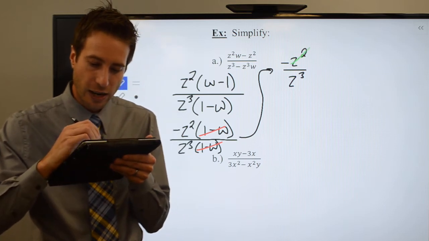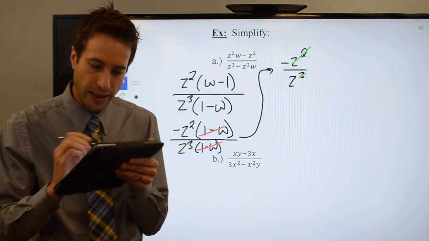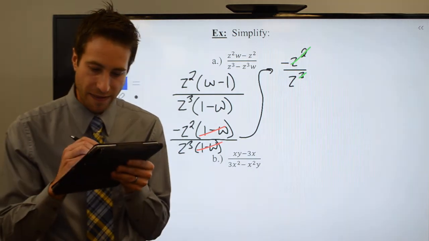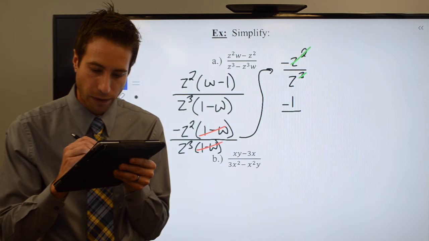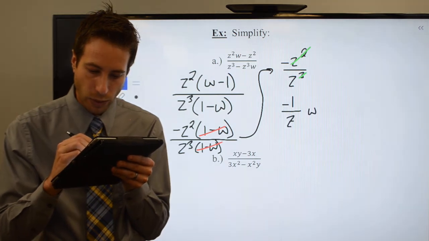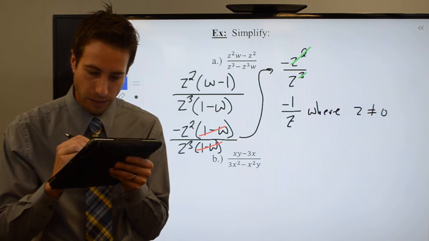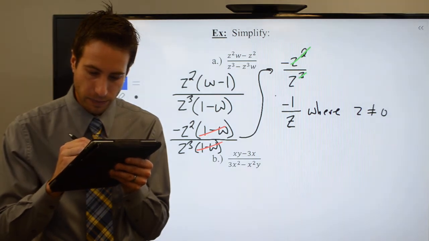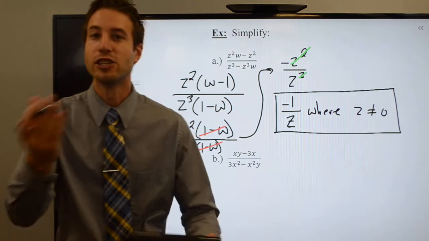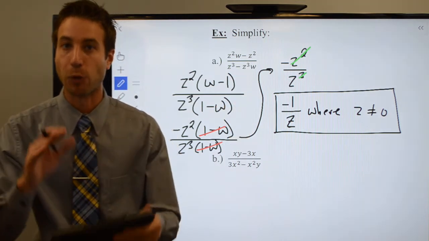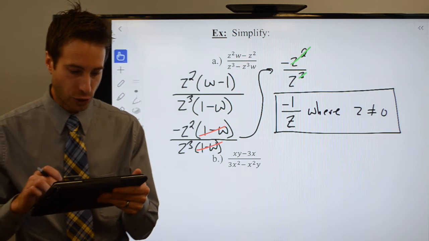The z squared in the top cancels with the z cubed in the bottom, leaving me with just a z. And so I have -1 over z, where z cannot be 0. Okay, so there'll be times when you're really close and factoring out a -1 will help get you the rest of the way there. Let's try another one of these.